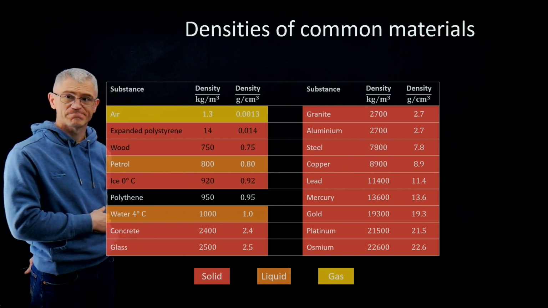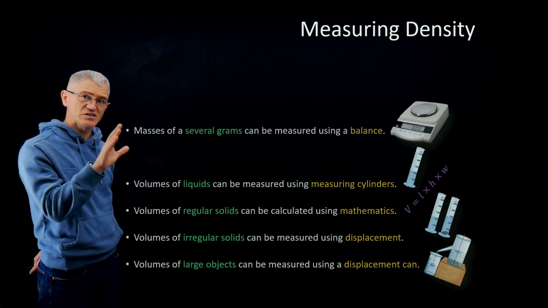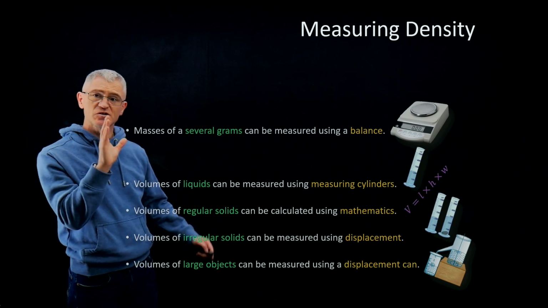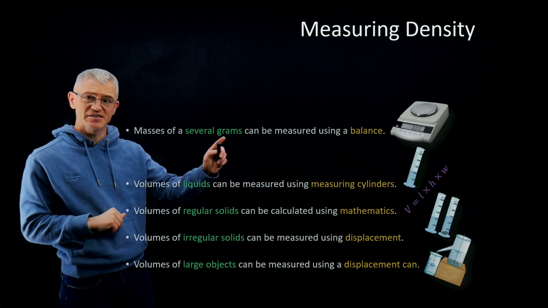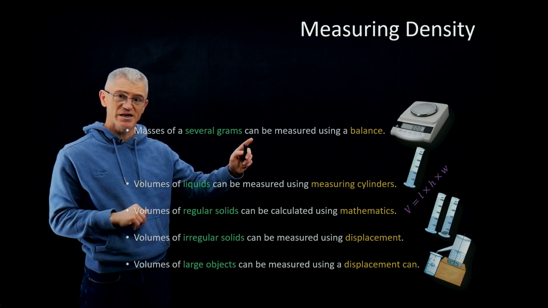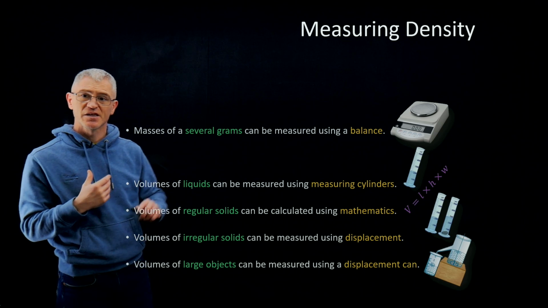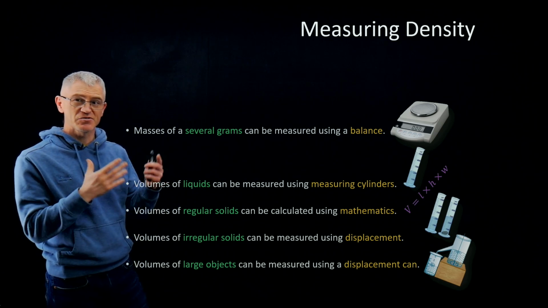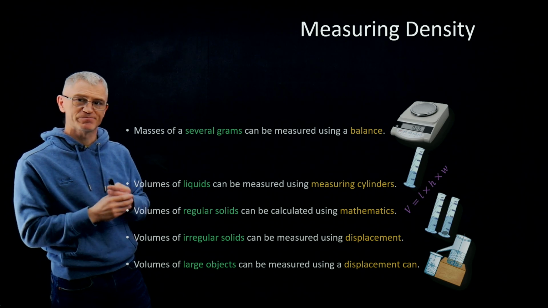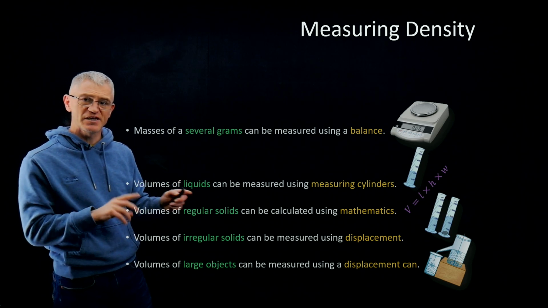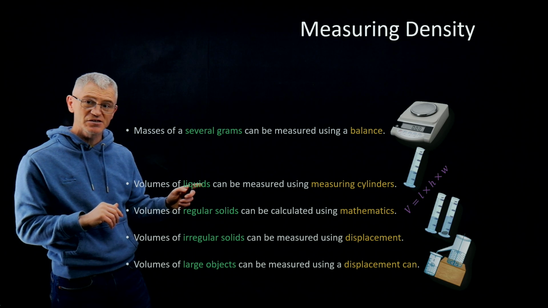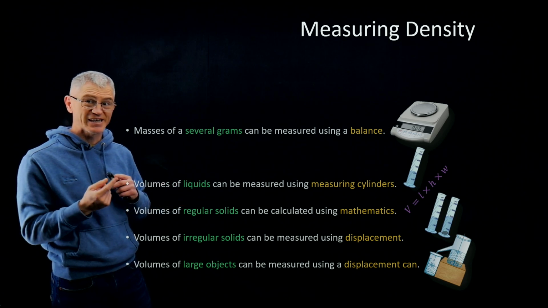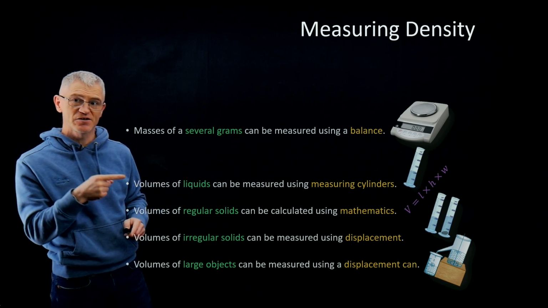But really a general trend is that the more dense it is, the more likely it's going to be a solid. Now, as I said before, we need the volume, we need the mass. Masses of several grams can be measured using a balance, and that's what we'll normally do in a lab. If you do kilograms, you usually have scales. Now the volume of liquids can be measured using measuring cylinders. Remember, it's mass divided by volume.